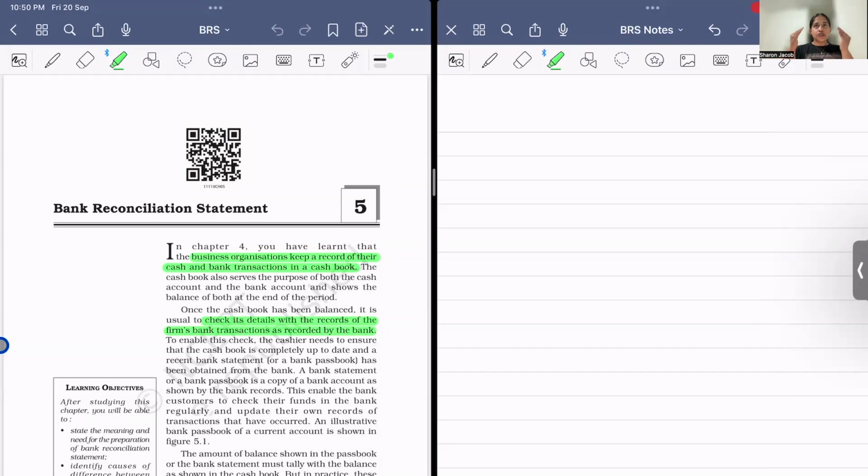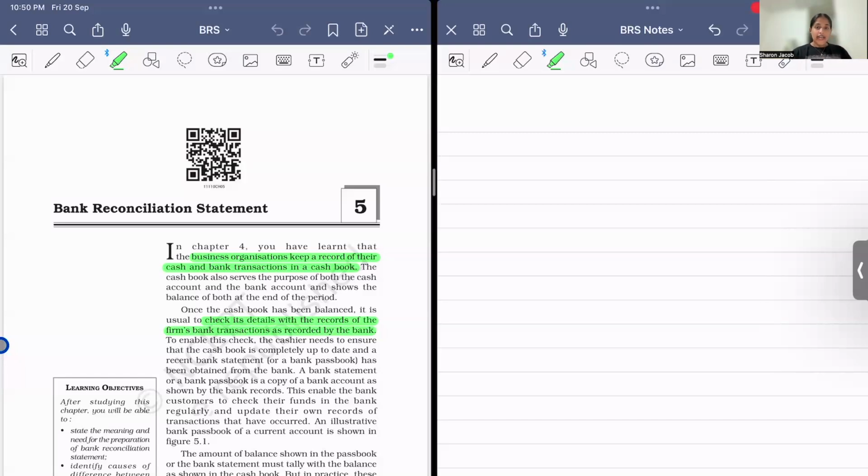So ideally, the bank column of the business's cash book and the bank passbook balance should tally because it's the same. But in practice, this is not the case.